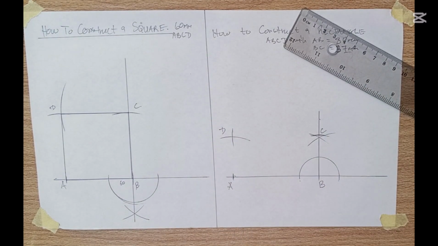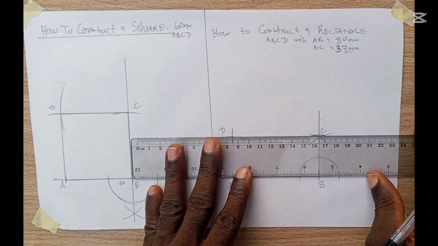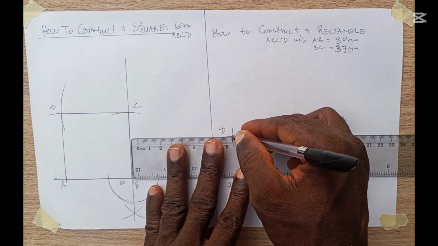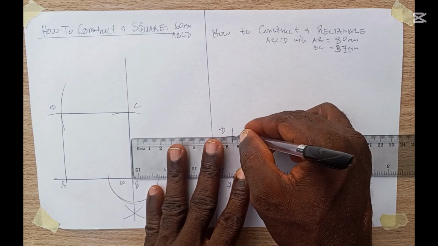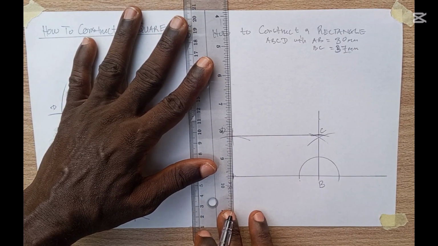So what do I need to do now? You join C to D. Please, if you have that very thick pencil, use it to now bring out the outline like this. Join C to D, and then D to where?